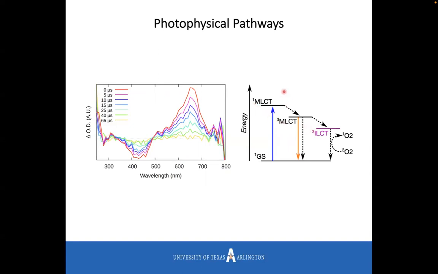So this singlet MLCT is the metal-to-ligand charge transfer state, which is one form of the excited states of the photosensitizer, and triplet ILCT is another intermediate form of the excited state, where ILCT refers to the intraligand charge transfer state. And this triplet ILCT state is the one responsible for the formation of reactive oxygen species.